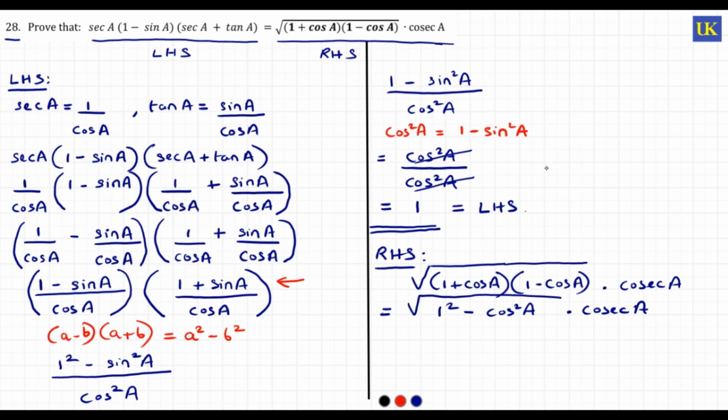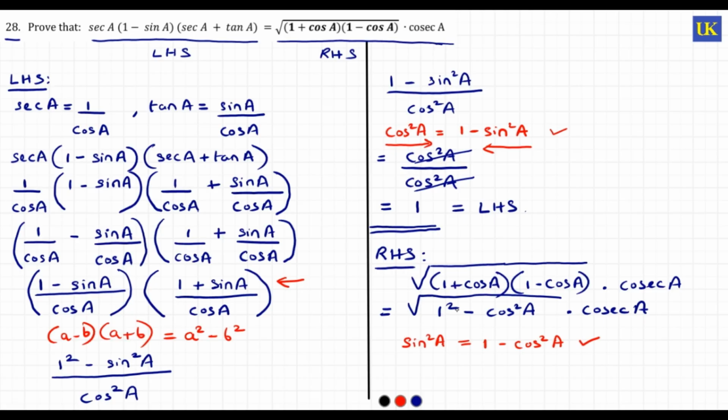Now the same formula can also be rewritten as sin square A is equal to 1 minus cos square A. If I send sine to this side it will become positive, and if I send cos to this side it will become negative, and the same formula takes this form.